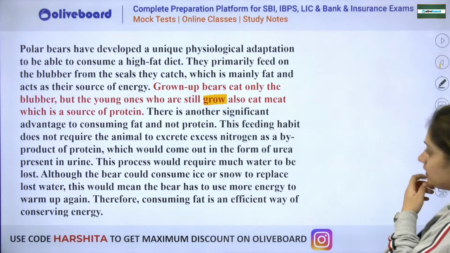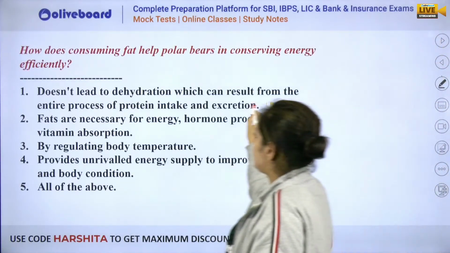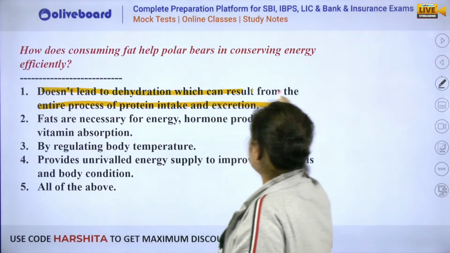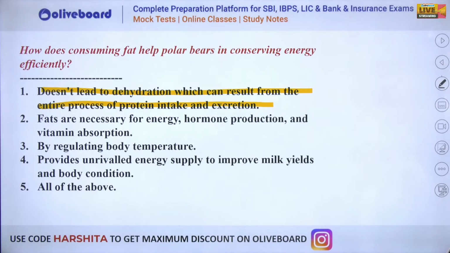Last line, yeah. From the last line you get your answer, correct. Option number 1. It doesn't lead to dehydration, which can result from the entire process of protein intake and excretion. Okay. So how does this fat help polar bears? It doesn't help, it doesn't lead to dehydration. Okay. Very good. Option number 1.